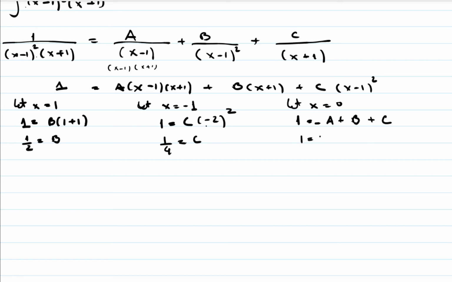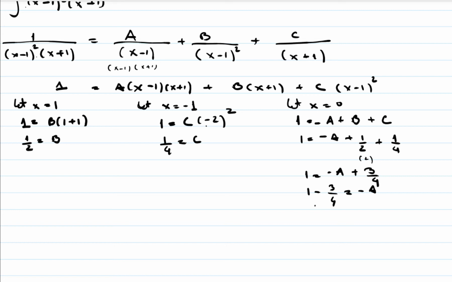But we already know that our b is 1/2 and that our c is 1 divided by 4. Okay, so now what you can do from this thing here, you can just make the LCM, so this is going to multiply here by 2, so we're going to have here 1 is equal to minus a plus, so this is going to become 2, so when 2 plus 1 becomes 3 divided by 4, and then take this 3 by 4, you bring it to the other side, so this becomes 1 minus 3 divided by 4 is equal to minus a.